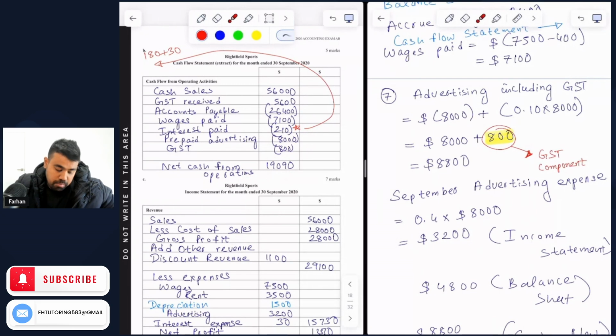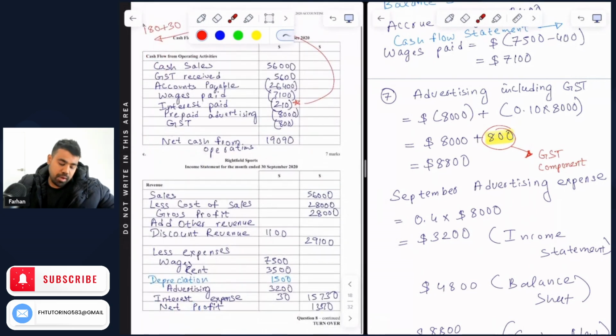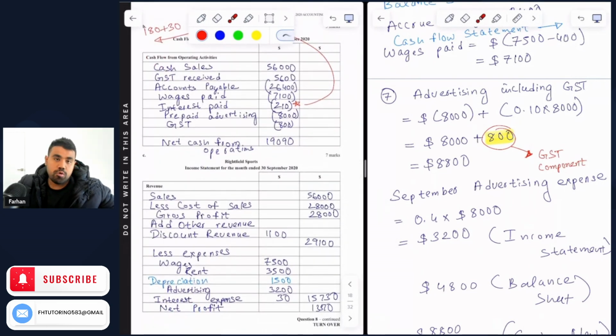Okay, so then part C requires us to prepare the income statement. Pretty straightforward. We take all sales, all other income, and then we subtract all expenses for the period. So we started with the sales of 56,000. Then we subtract the cost of goods sold of 28,000 because the markup is 100% on inventory, which means if sales is 56, cost of sales needs to be divided by 2, which is 28,000.